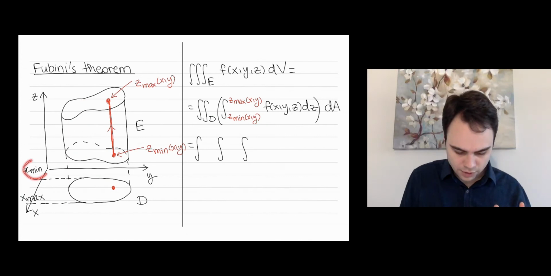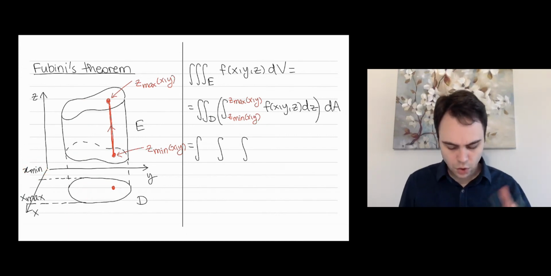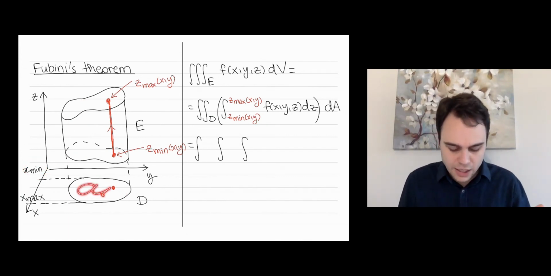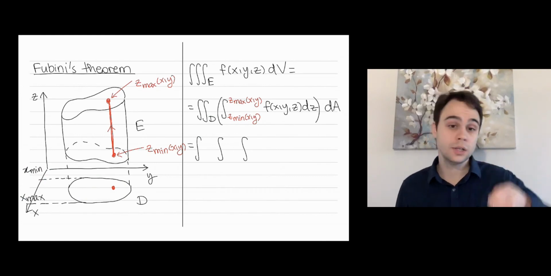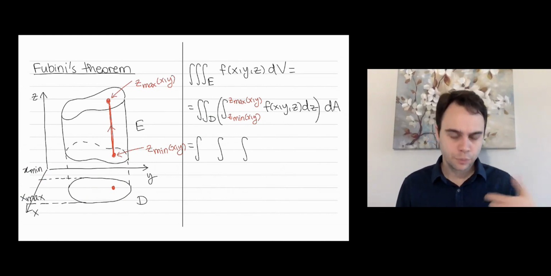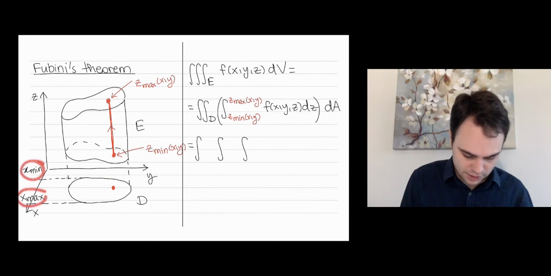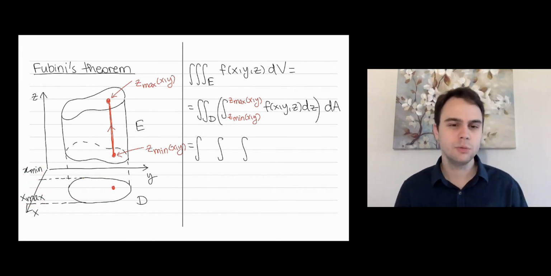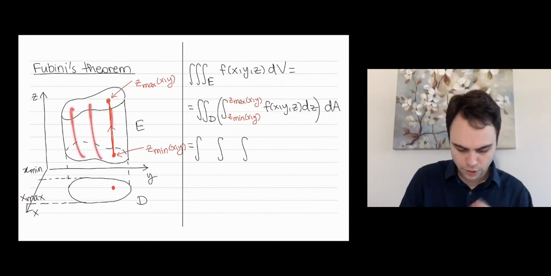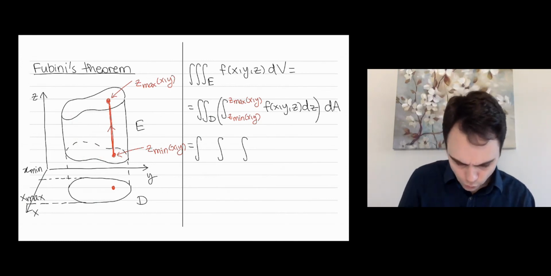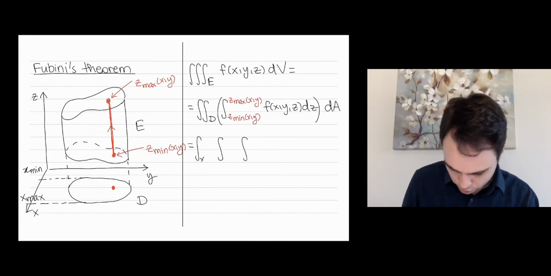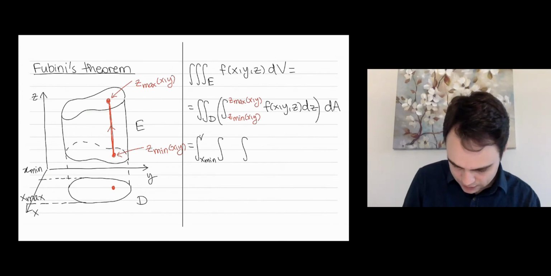Because points in D are the x and y coordinates of points in E. So the extreme values of x and y in D are the same as the extreme values of x and y in the whole shape E. So the outer integral goes from x min to x max.